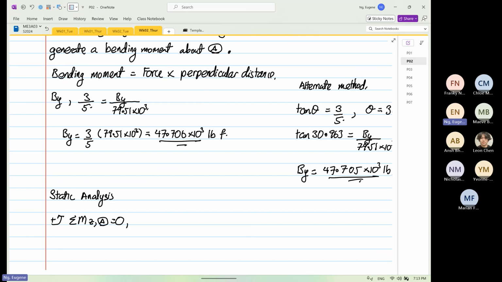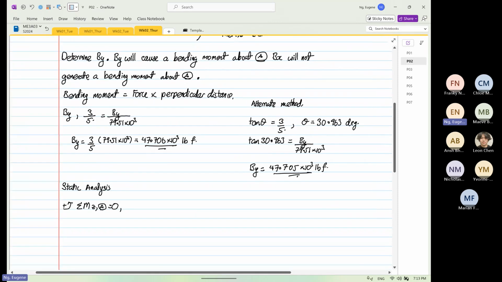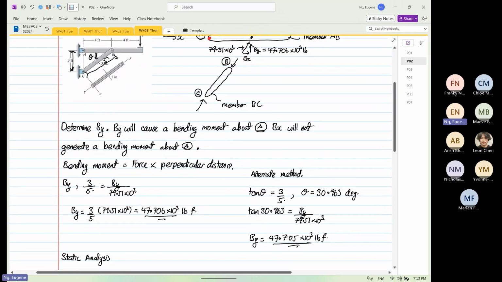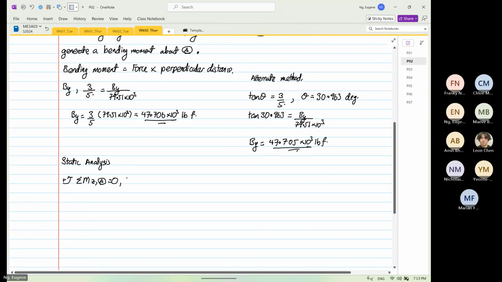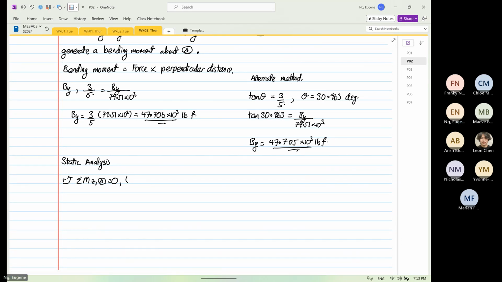So that is why we call it static, because nothing is in motion. So from here we have By going anti-clockwise, 47.706 times 10 to the power 3 multiplied by the perpendicular distance of 4.